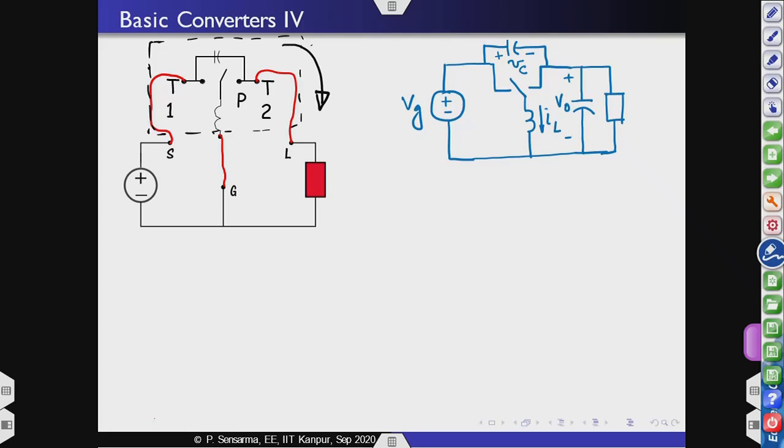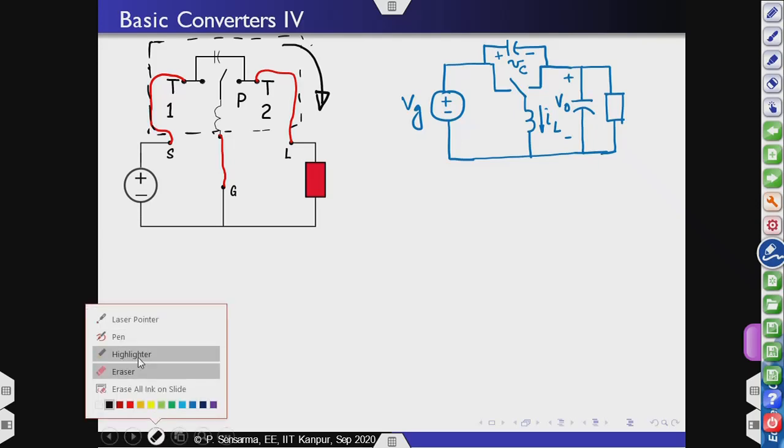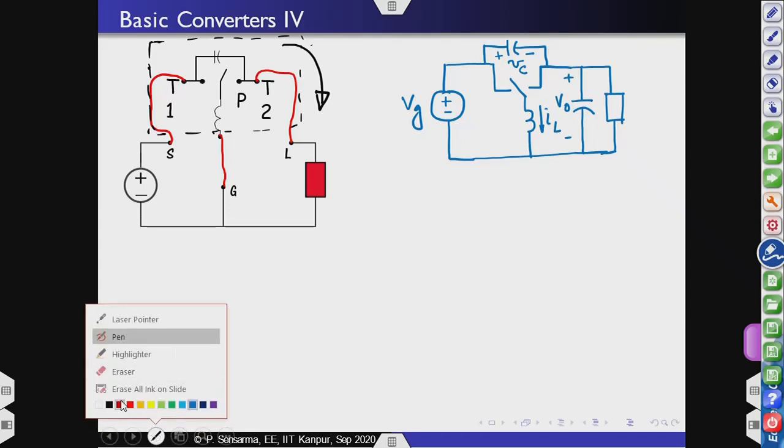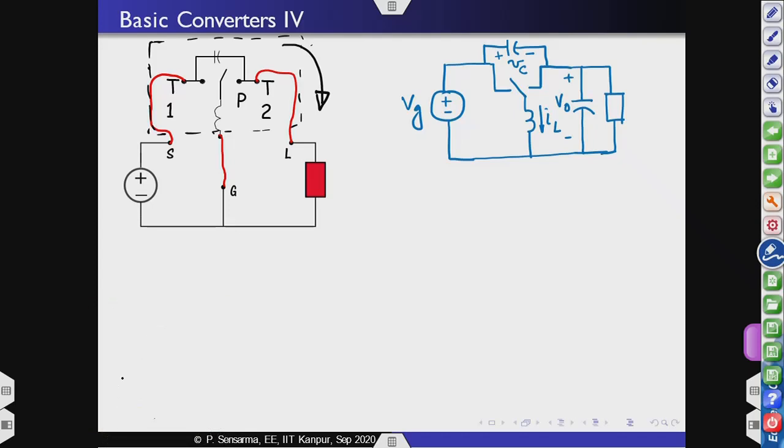So, shall we go about doing a similar exercise to what we did for all the other converters? Let us mark the inductor voltages, we will call it VL.